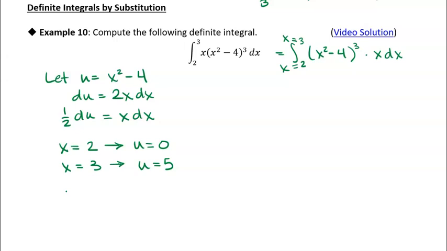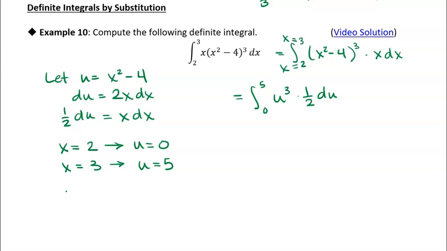So now when I do my substitution, I'm going to replace the limits of integration with my new limits of integration. I'm going to integrate from 0 to 5. I'm going to replace x squared minus 4 with u, so I'll end up with u cubed, and then times 1/2 du. That's the key.